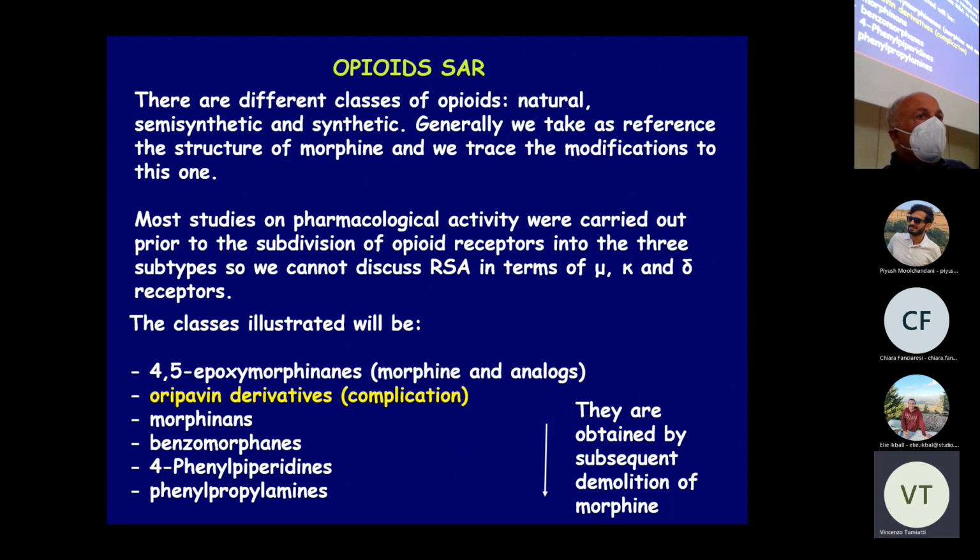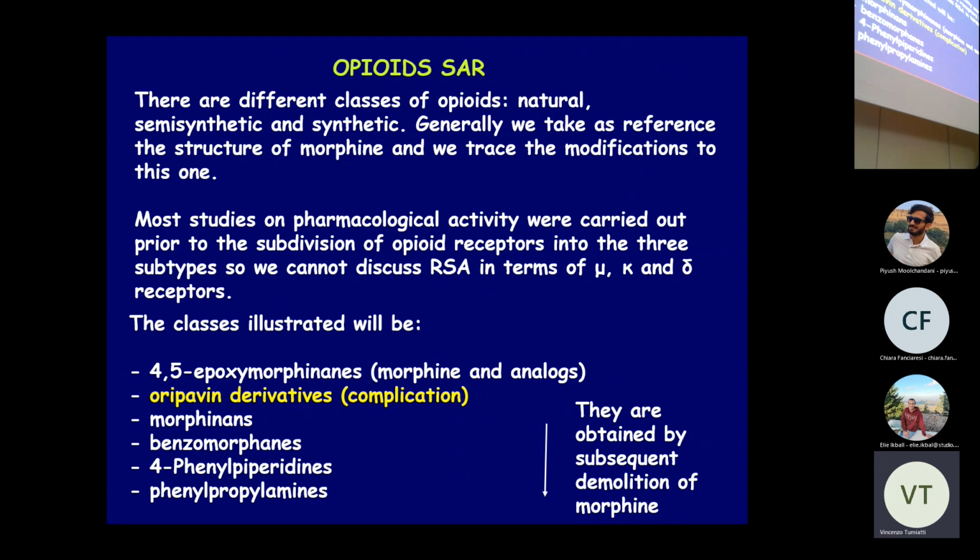Structural activity relationships of this class. As I told you before, morphine has a very complicated structure. It is a natural product, and as you know, the quantity and the quality of the natural products are related to the season.